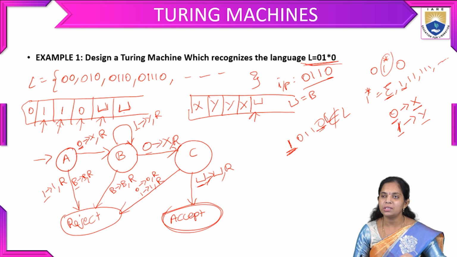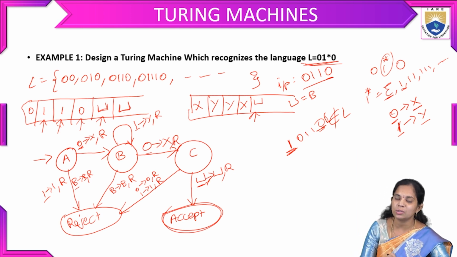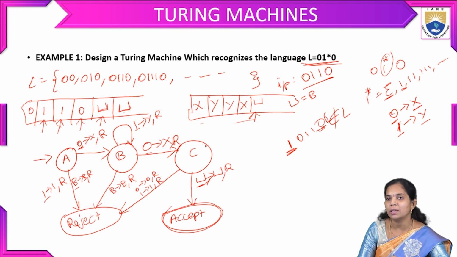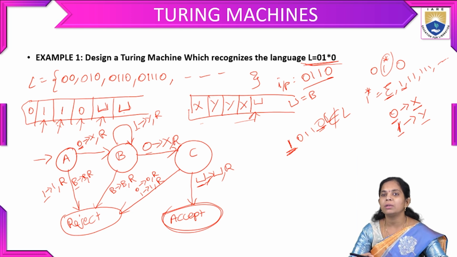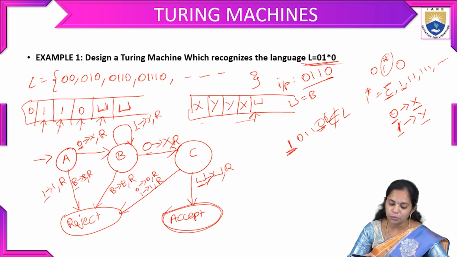So this example belongs to the regular languages. Here there is no need to take this kind of tape for this kind of language, because we can easily construct a finite automata and push down automata for it. But here we have taken an infinite length tape, in the sense to show how the Turing machine works, and how read and write operations are performed in the construction of a Turing machine.